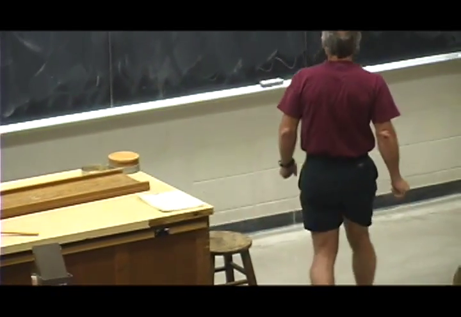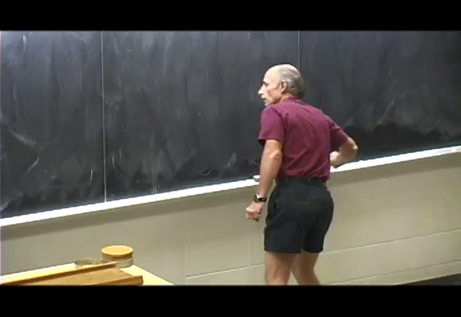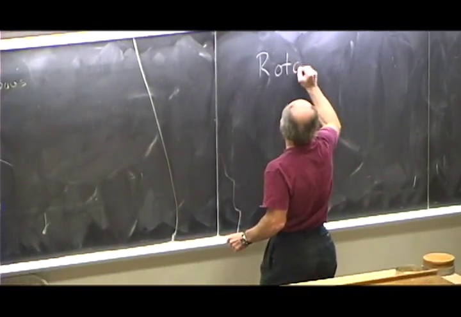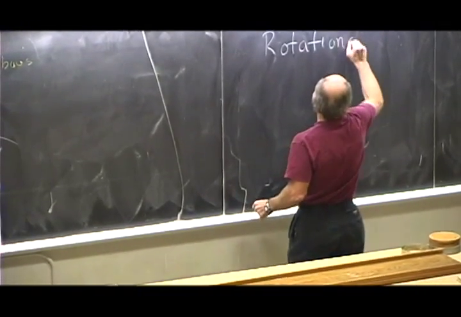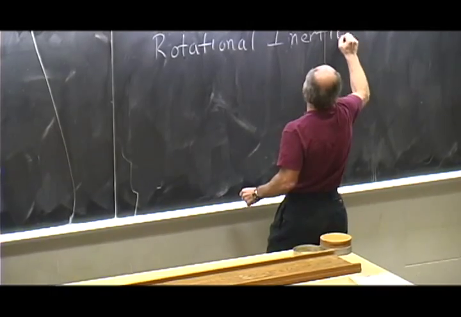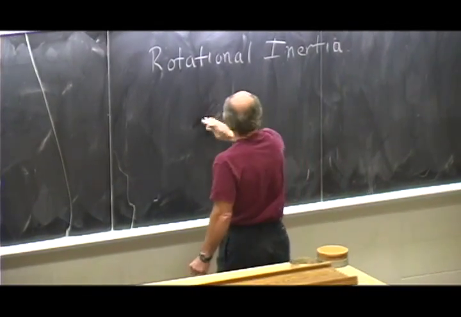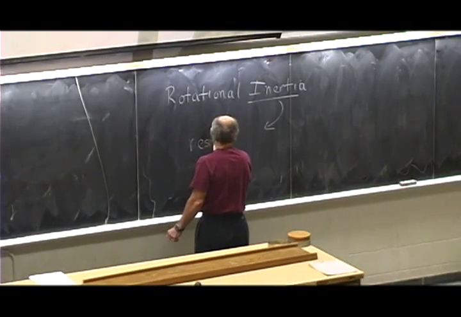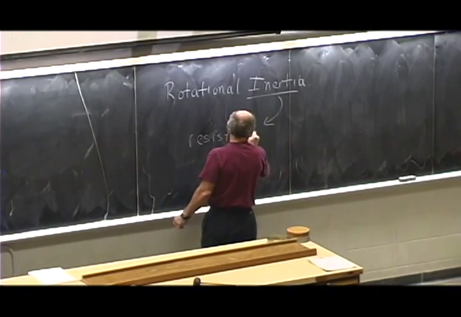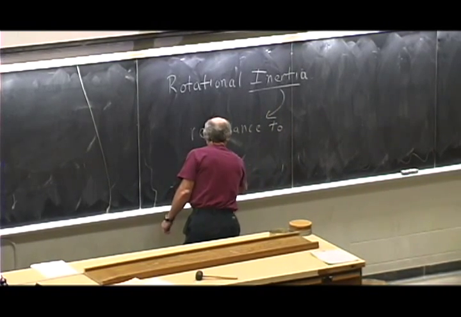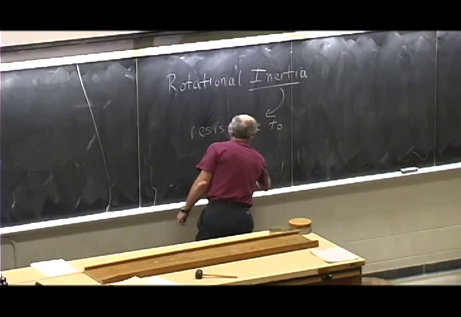So the first concept we have to get here is this concept of rotational inertia. Remember, inertia is essentially a resistance to change, so this is a resistance to rotation.